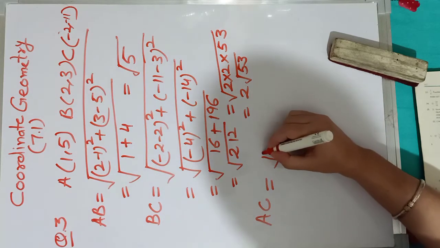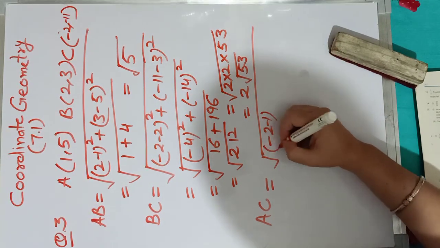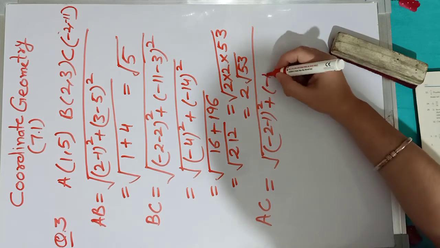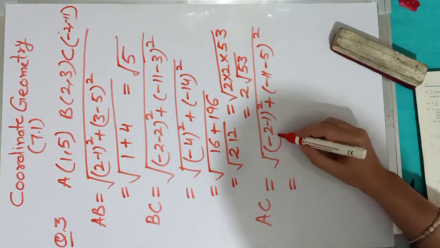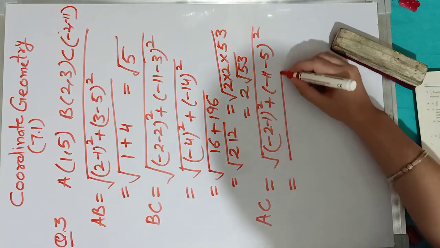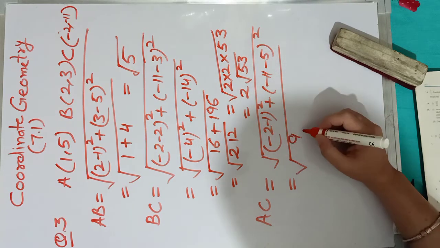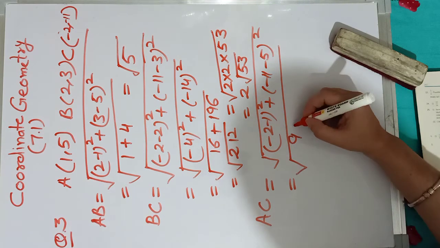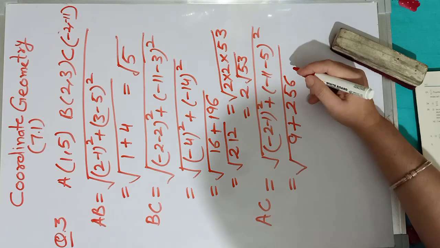-2 minus 1 whole square plus -11 minus 5 whole square. -2 minus 1 is -3 and the square will be 9, -11 minus 5 is -16 and 16 square will be 256.